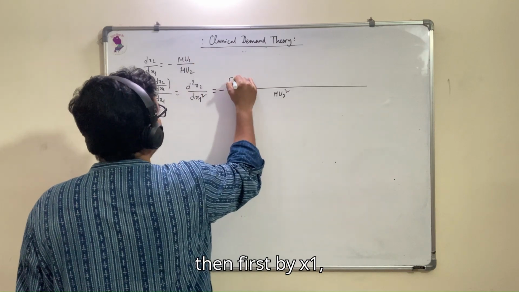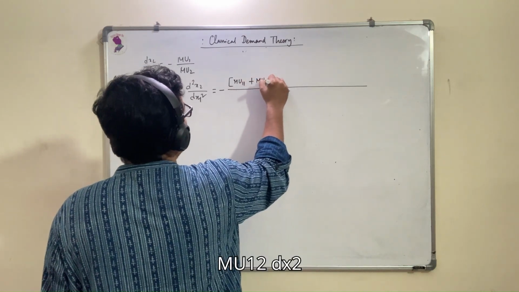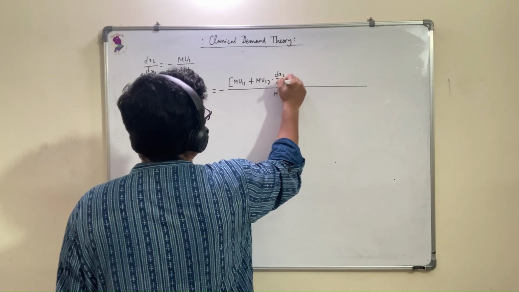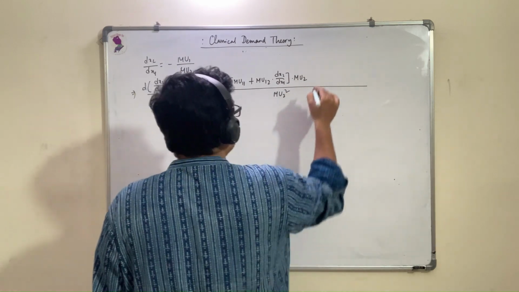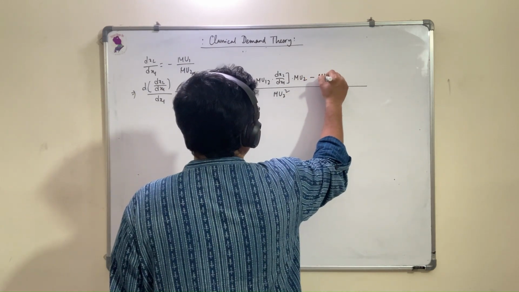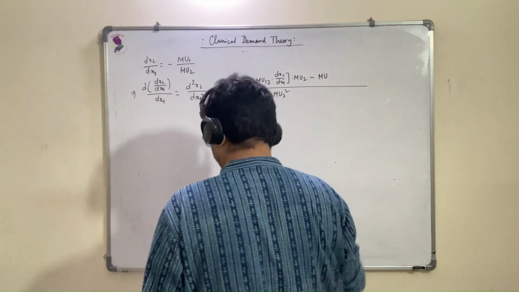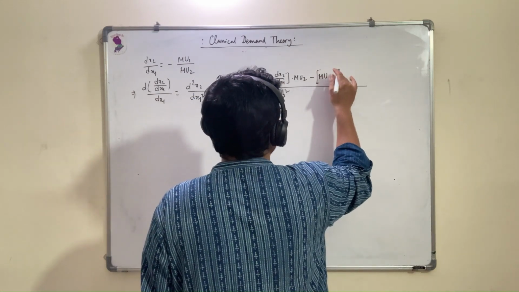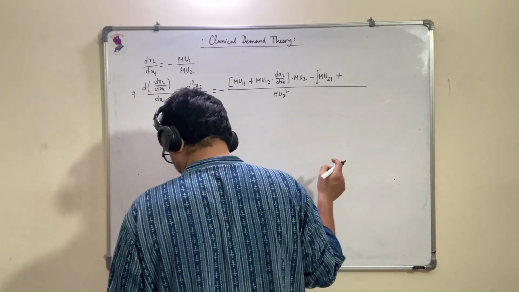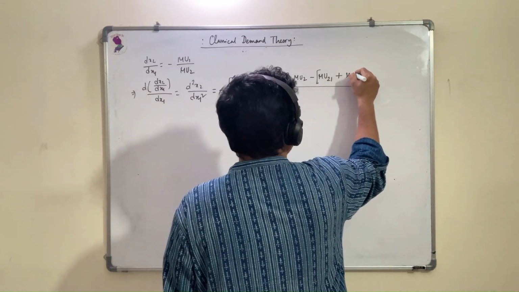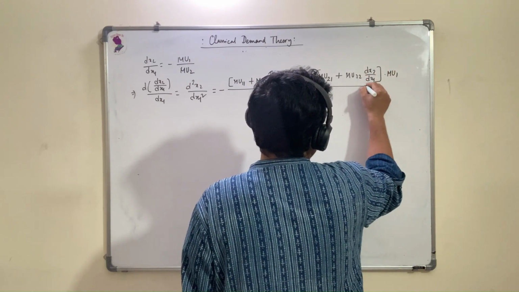then first by x1, so mu11 plus mu12 dx2/dx1 into mu2, then minus mu21 plus mu22 dx2/dx1 into mu1.